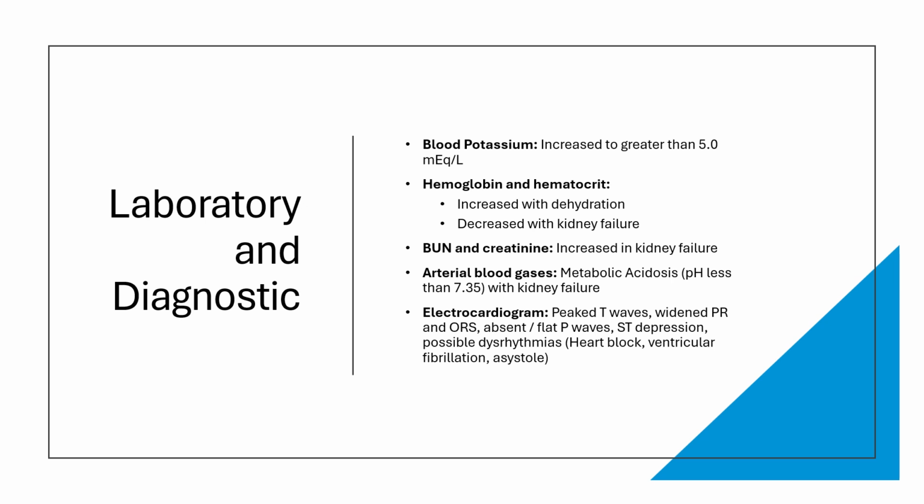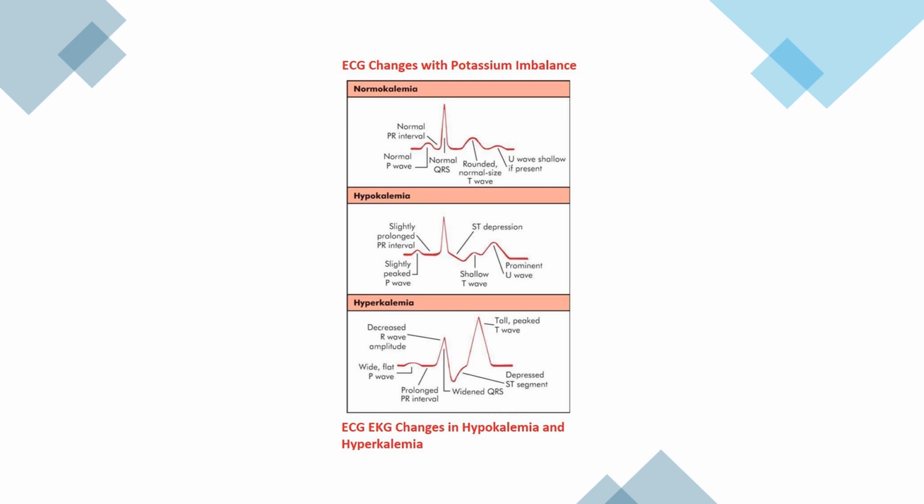And your big "oh no" sign, the electrocardiogram, we're looking at those tall peaked T waves. So those are definitely a huge complication for your patients with hyperkalemia. There it is again, the visual of seeing that tall peaked wave. I mean, it just looks abnormal when you look at it.